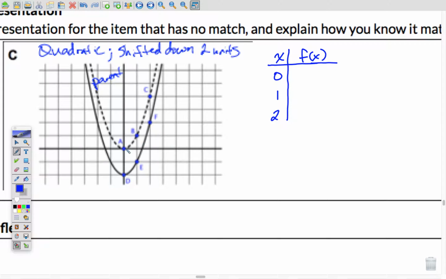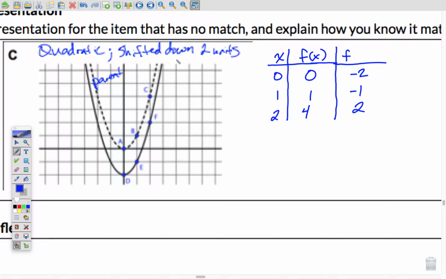At 0, it's 0. At 1, it's 1. And then at 2, it's up 1, 2, 3, 4. And then we're going to put our y coordinates for the transformed graph. So we can see here, this one is at -2. This one is at -1, and this one is at +2. So now we need to figure out, well, what's happening?